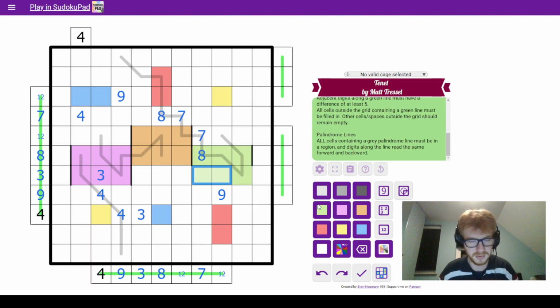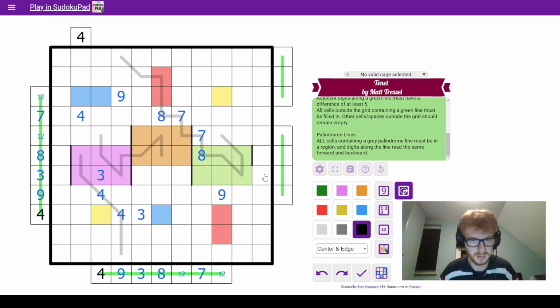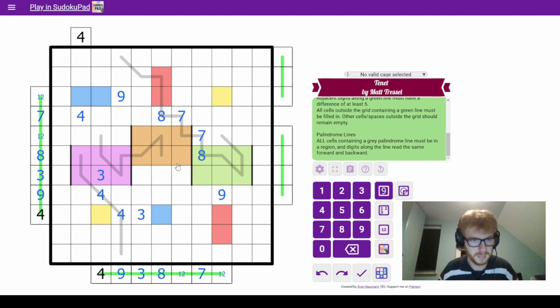It feels like these are things I could have seen before, but that's okay. It's not Sudoku yet, I don't think. I think I need to do more deconstruction.